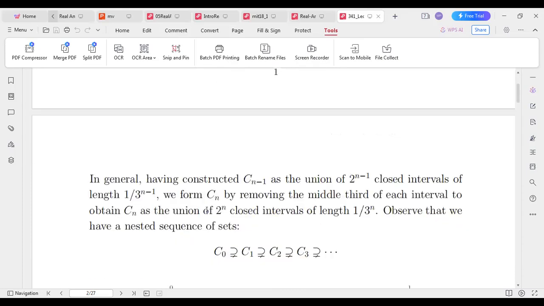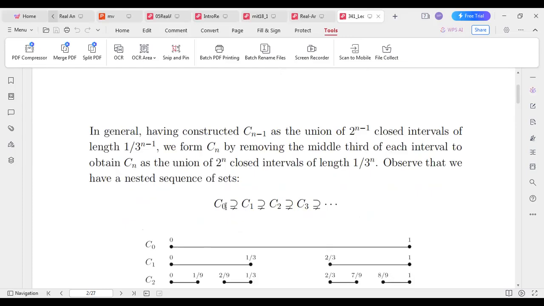In general, having constructed C n minus 1 as the union of 2 to the power n minus 1 closed intervals of length 1 by 3 to the power n minus 1, we form Cn by removing the middle third of each interval to obtain Cn as the union of 2 to the power n closed intervals of length 1 by 3 to the power n. Observe that we have a nested sequence like this: C naught is a superset of C1, a superset of C2, a superset of C3, and so on.